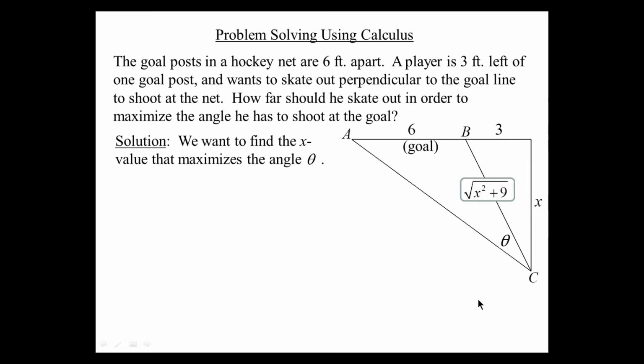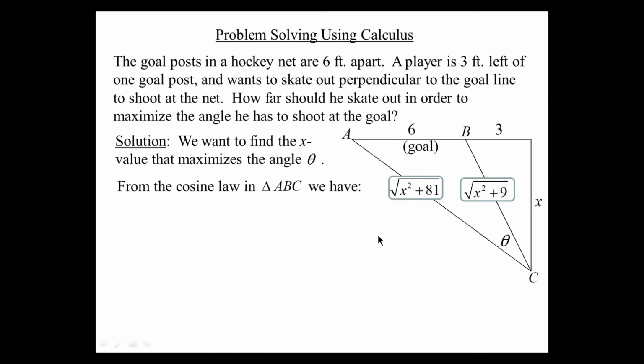And this distance along here is going to be the square root, because it is another right angle triangle, a bigger right angle triangle, of x squared plus 6 plus 3, 9 squared, which is 81. And so we got those distances.